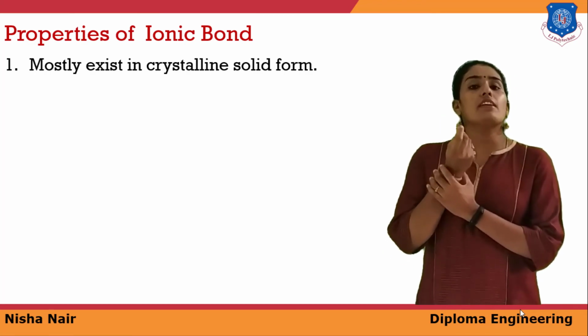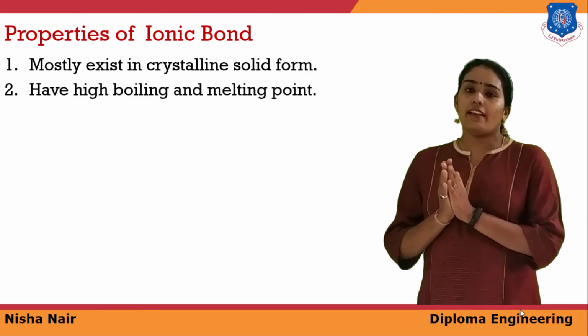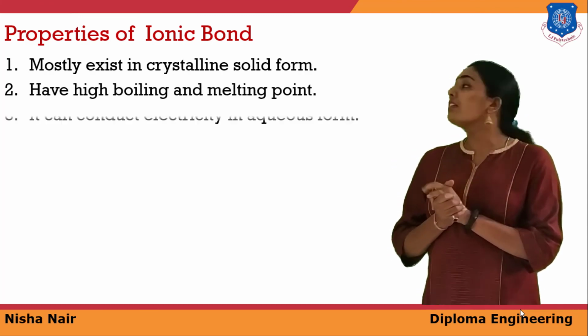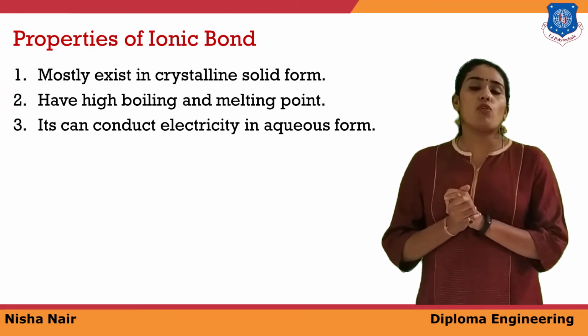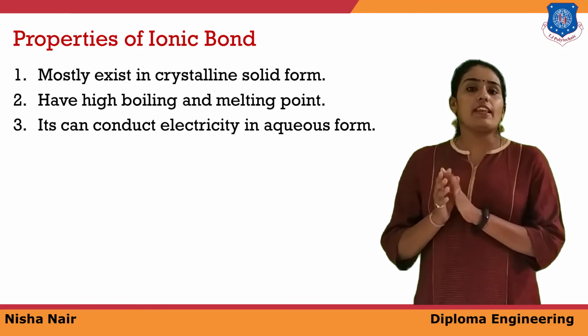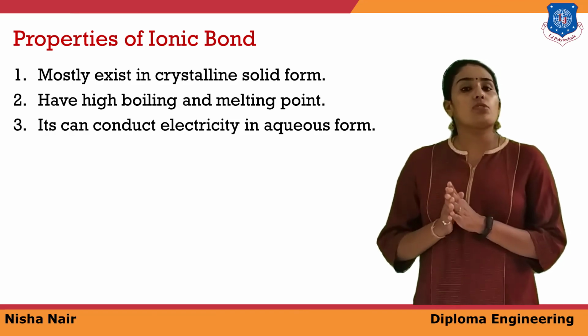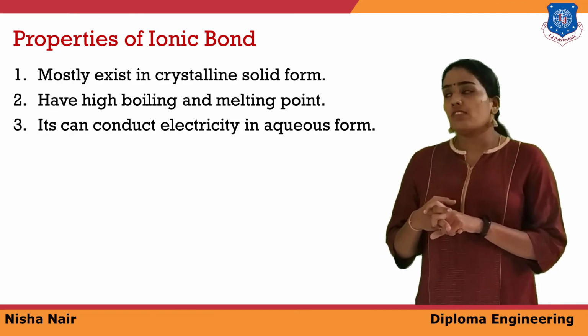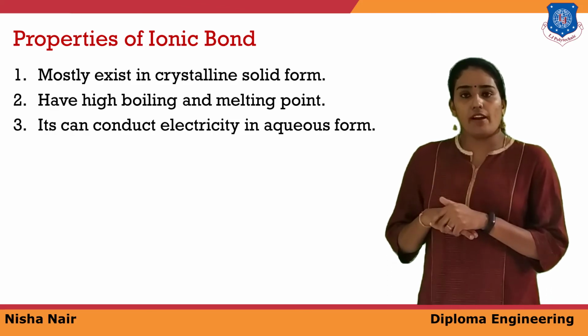Like that they appear in crystalline structure. Second, they have high boiling and melting point. Third, they conduct electricity in aqueous form and do not conduct electricity in solid form, because in aqueous form they split into two ions, positive ion and negative ion, so they can conduct electricity. So this is the topic about ionic bond and properties of ionic compounds.